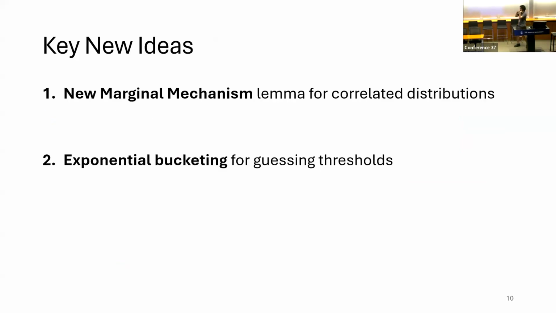The way we handle these two challenges is with two new ideas: first, a new marginal mechanism lemma, and next, an exponential bucketing trick to handle the increased value of the core. Let me say a few words about these.